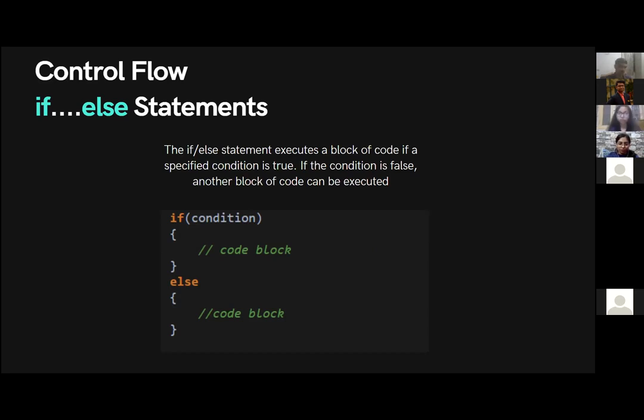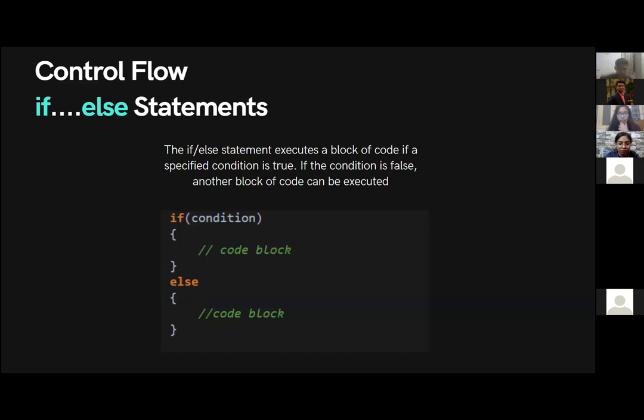This is the syntax through which you declare the if-else statement. You put the keyword if followed by brackets, and inside the brackets you provide the condition which you need to test in order to run the code inside this block. If this condition fails, it's going to automatically run the code block inside the else block. So this is the basic syntax for if-else statements in Kotlin.